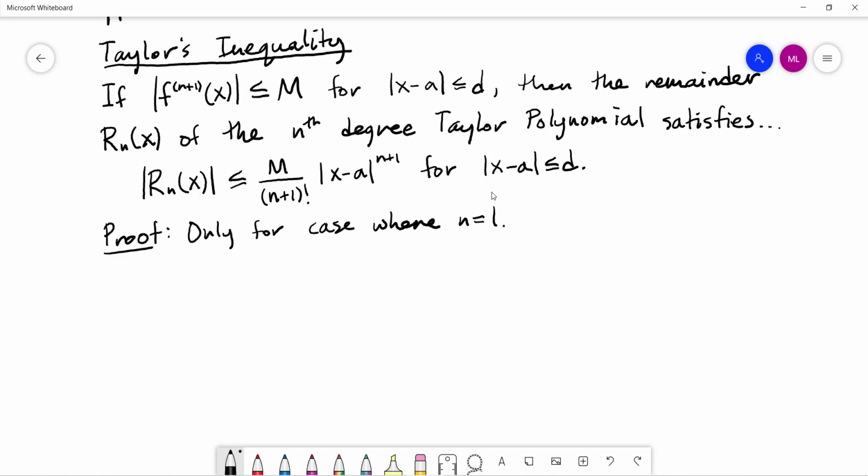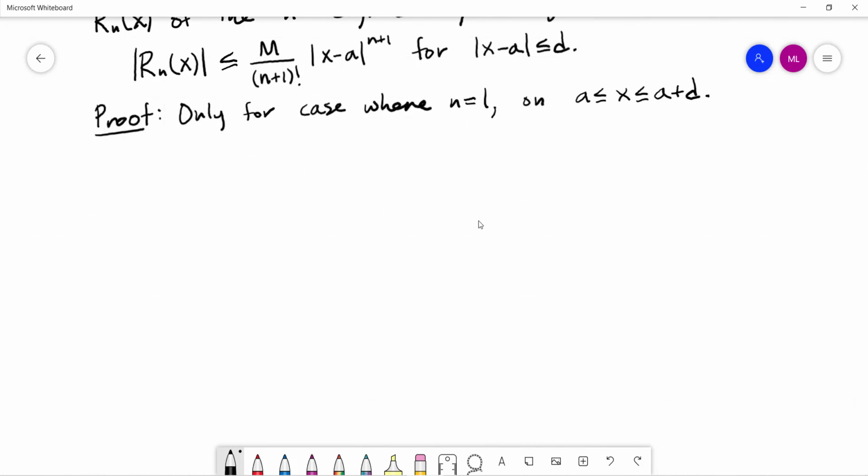You can prove it for more general cases, but it's going to be easiest if we're only looking at these values. So we're going to only consider the values of x to the right of the center point a out to a distance d, so from a to a plus d. You can do it on the interval from a minus d up to a as well, and you can generalize this to higher powers of n, but that's all a lot more complicated.